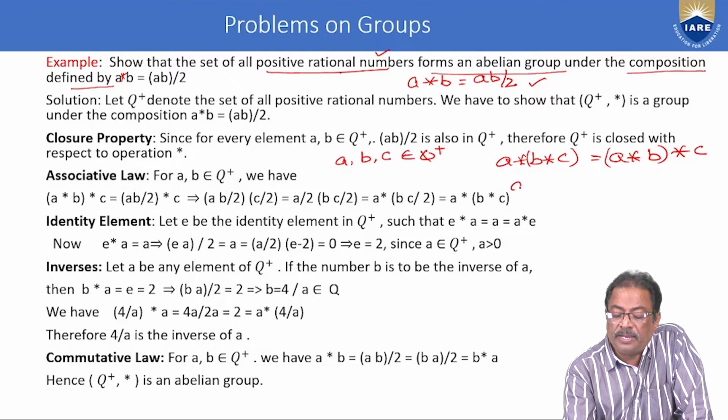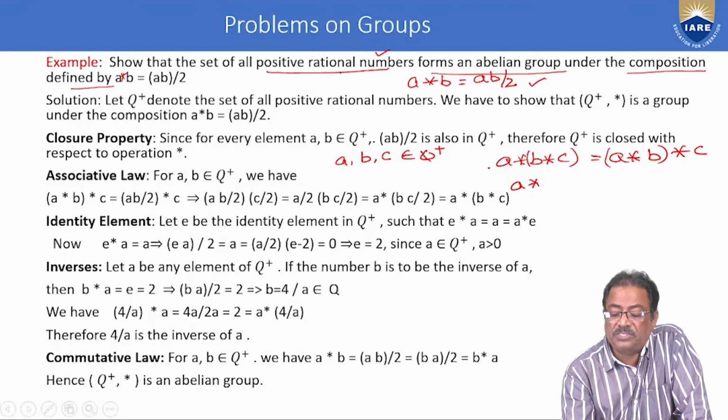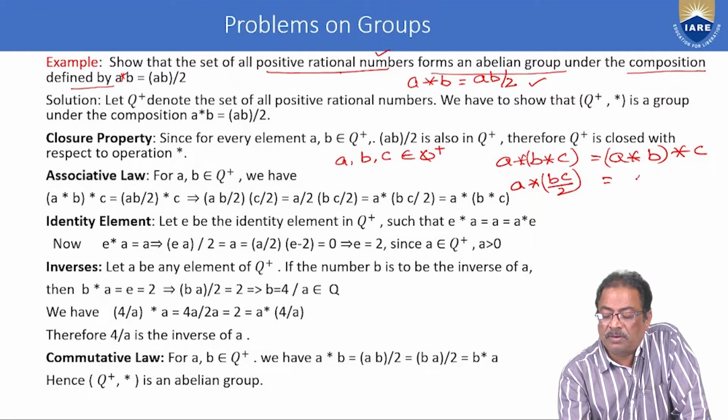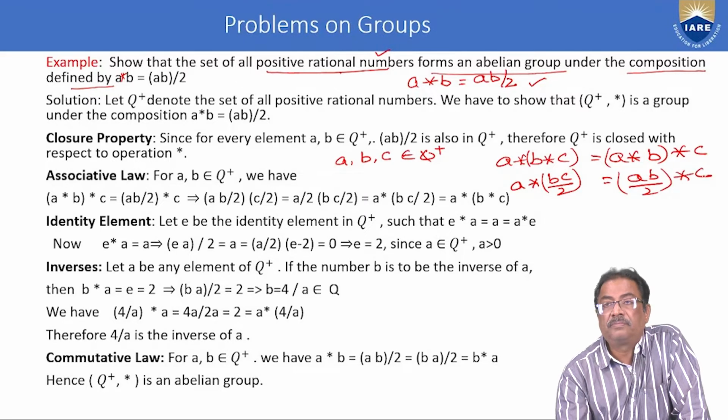By definition, A star B is AB by 2. Similarly, B star C is nothing but BC by 2. And here, (A star B) star C is nothing but AB by 2 star C, which is AB by 2 into C by 2, so ABC by 4.